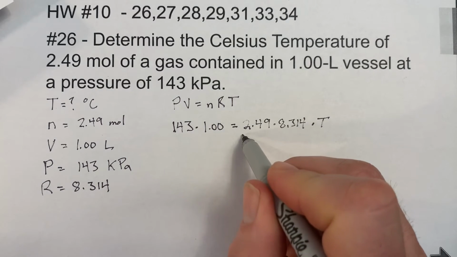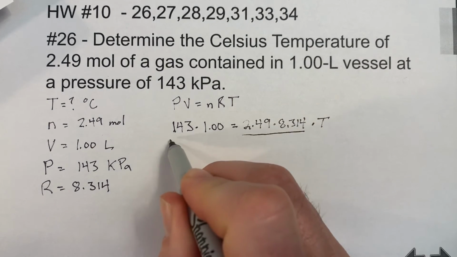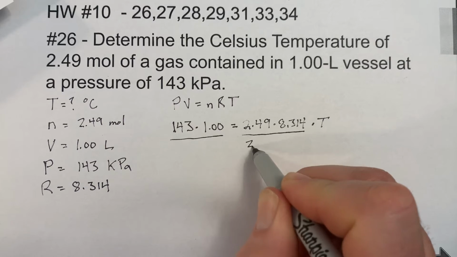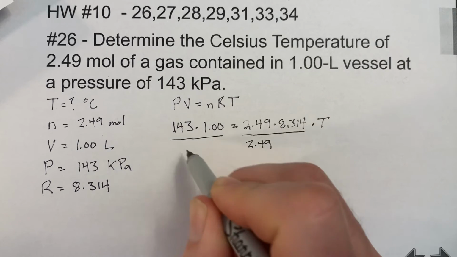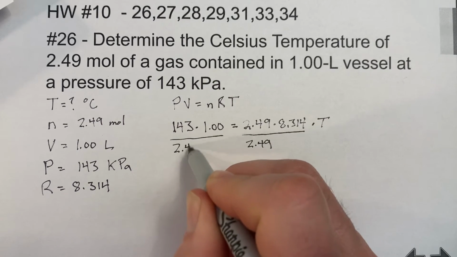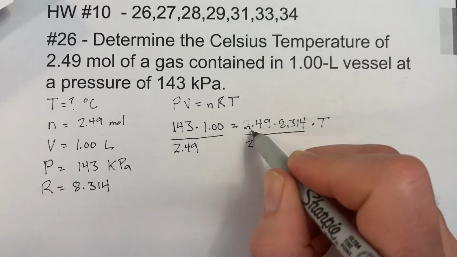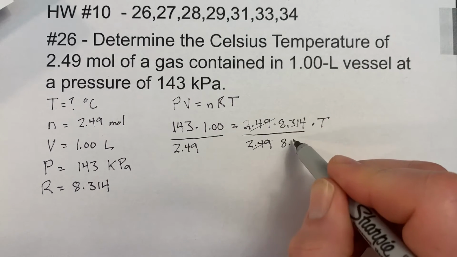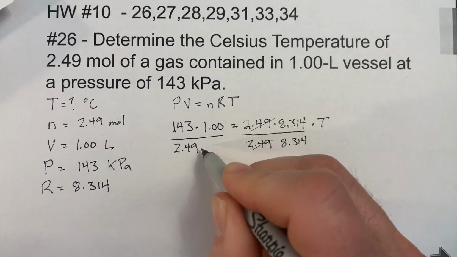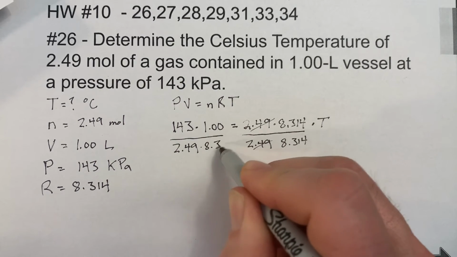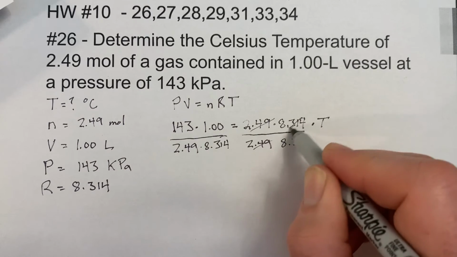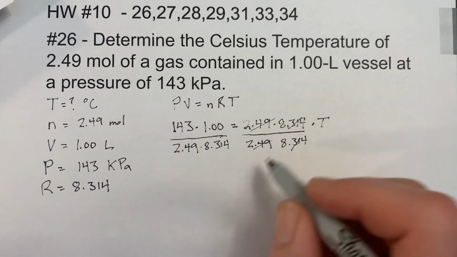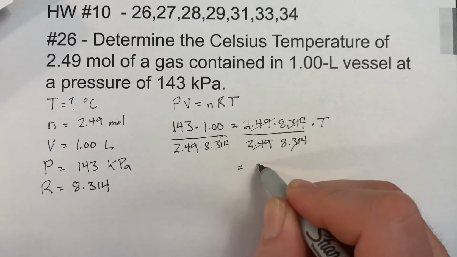What I like to do is a little algebra here. I'm going to divide on both sides by 2.49. That cancels this out. And I'm going to divide on each side by 8.314, and that cancels this out, and I get T all by myself.